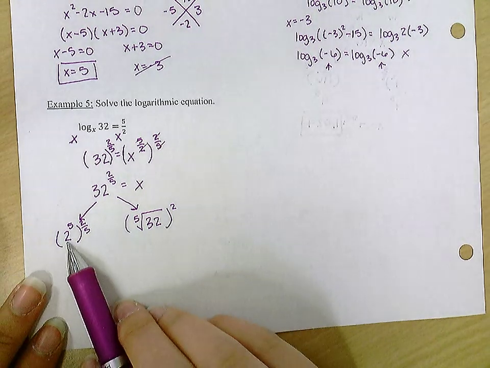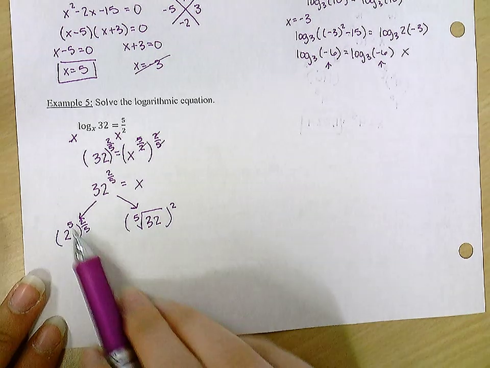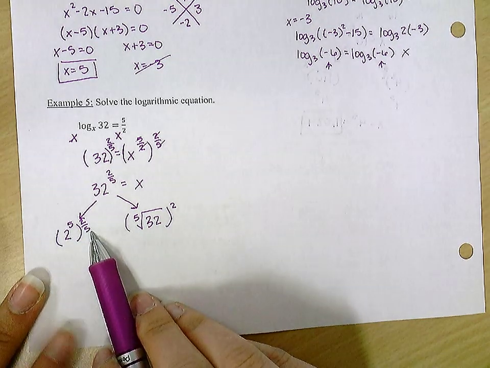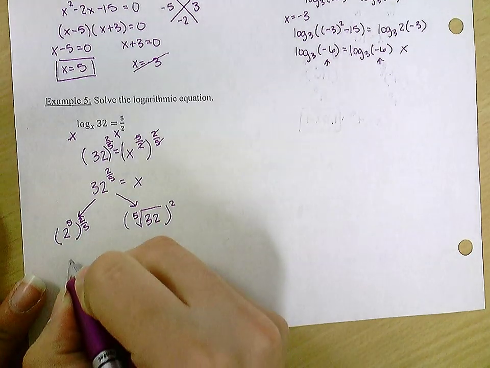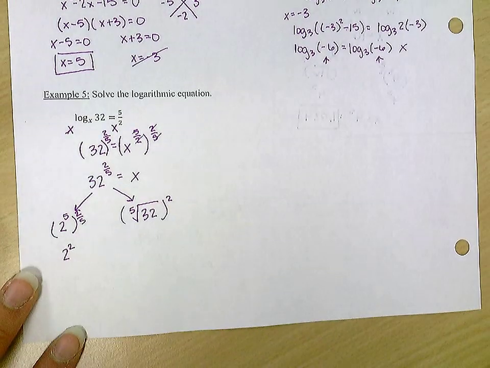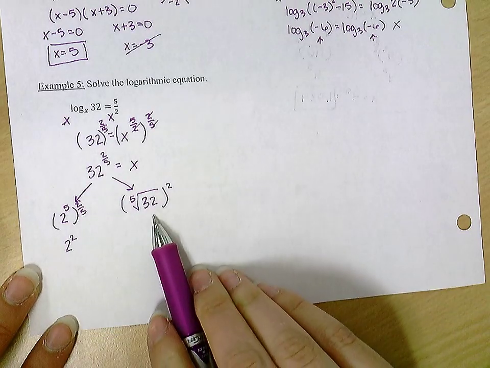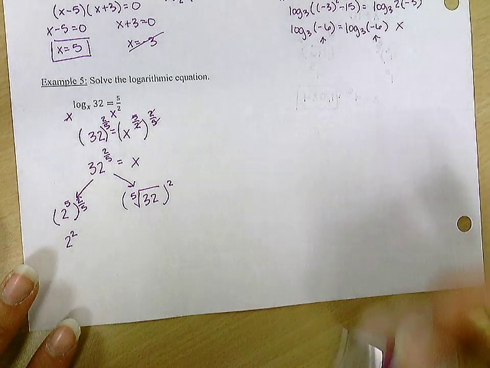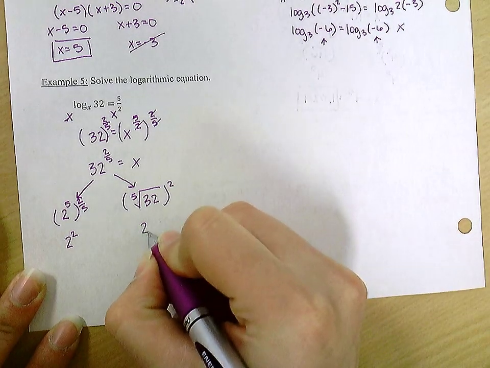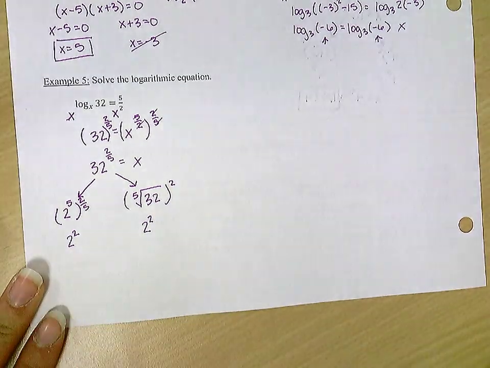Now, since I have 2 to the 5th power, I can multiply my exponents. When I do that, my 5's cancel, so I end up with 2 squared. Same thing over here. If I take the 5th root of 32, it is 2, and that's squared.